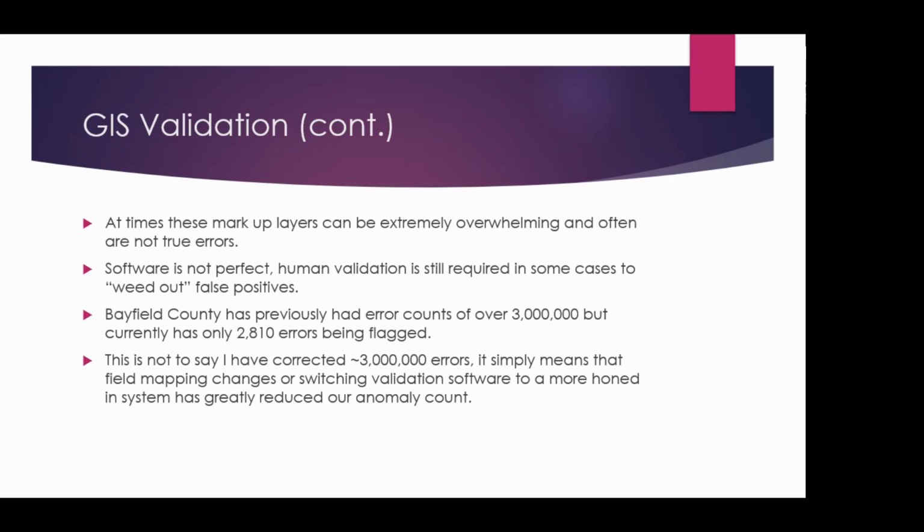Bayfield County has previously had error counts of over 3 million, but currently has around 2,800. This is not to say I have corrected 3 million errors. It simply means field mapping or just switching software has greatly reduced our anomaly count.